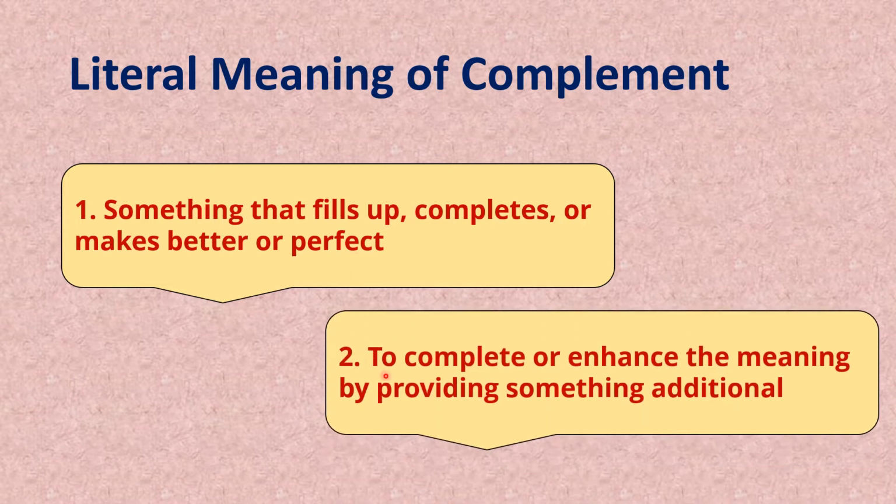In other words, you can also say that a complement is something which completes or enhances the meaning by providing something additional. Notice that this complement is different from the compliment, which means a polite expression of praise or admiration.